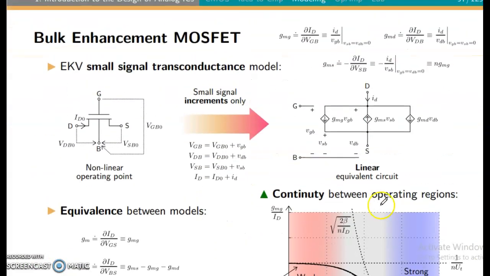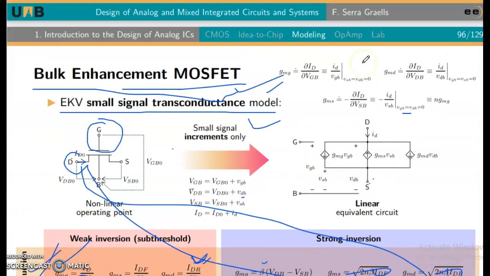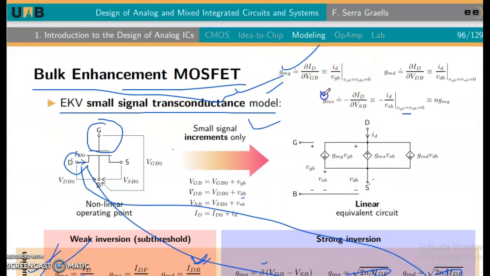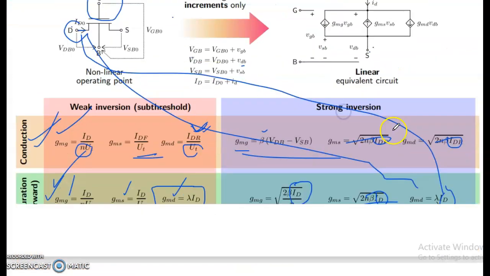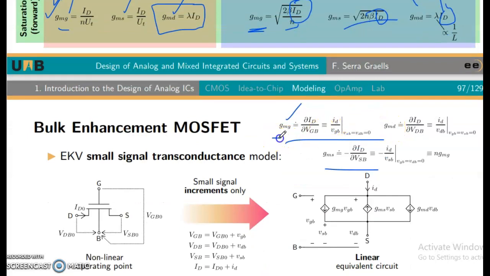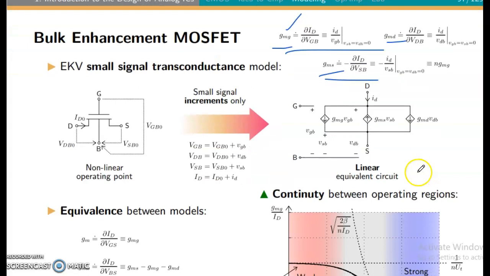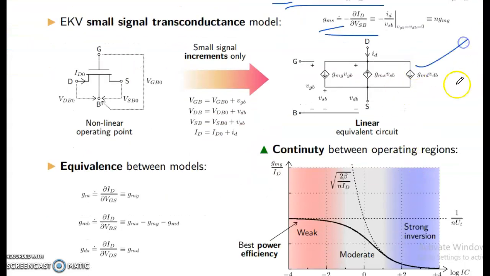Here it is the same as what we have seen before in the last slide. GMG, GMS, GMD: GM in gate, GM in drain, GM in source. Okay, the equivalent circuit, the linear equivalent circuit.